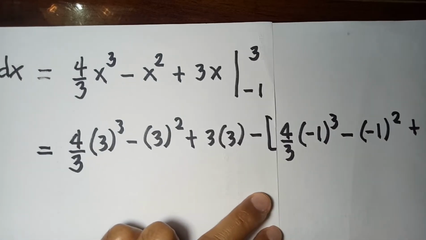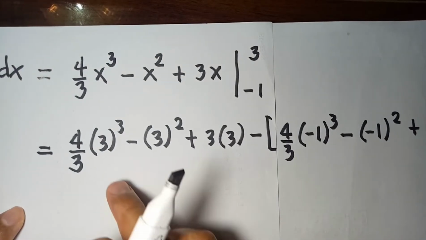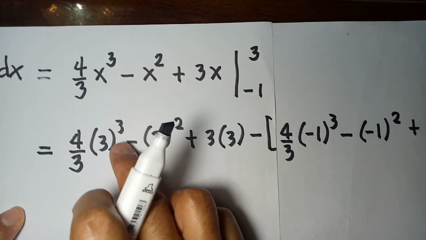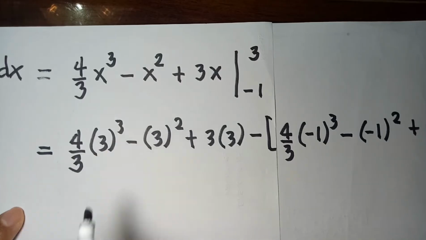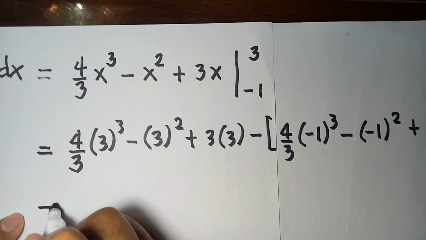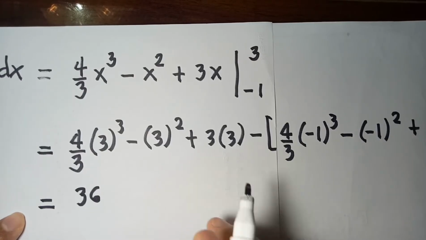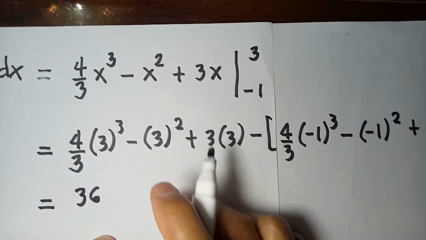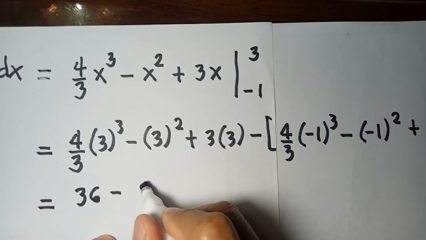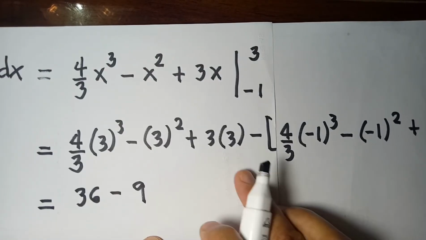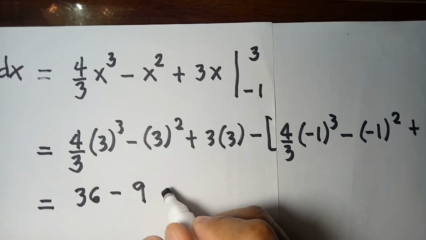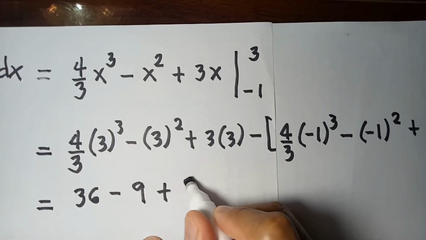Okay? So meron tayong 3 cancel, no? So 3 squared is 9 times 4 is 36. So magkakaroon tayo ng 36. And then minus 3 squared ay 9. So minus 9. And then 3 times 3 ay 9. So plus 9.